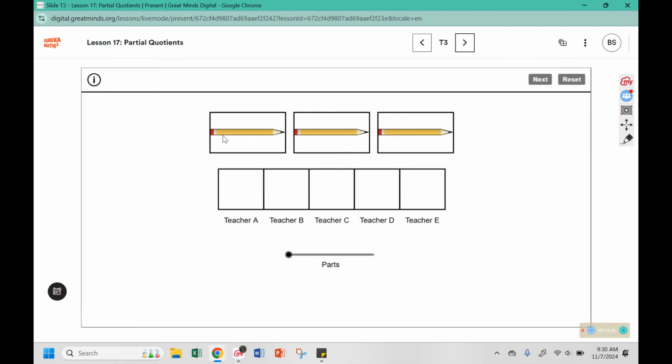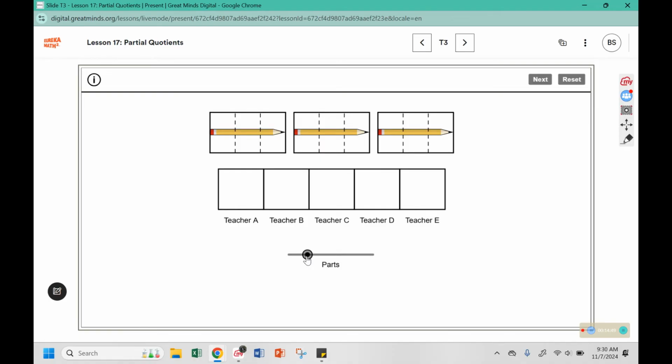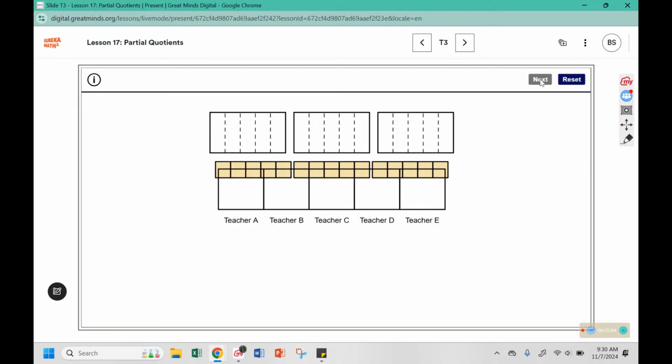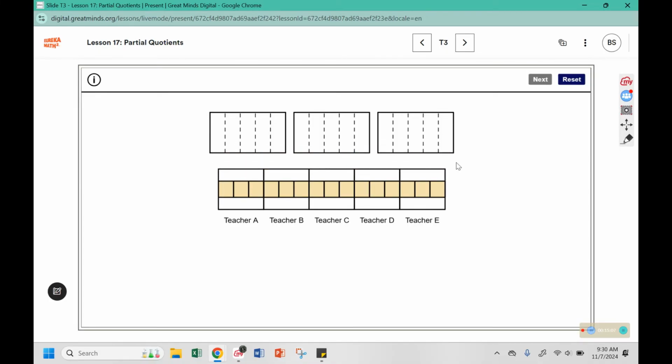So here I have 3 pencils left, and I need to split them into 5 parts. So if I split up each pencil into 5 sections, 1, 2, 3, 4, 5, then I can put one section into each of those and distribute them out until I get 3 pieces into each of those 5 sections.